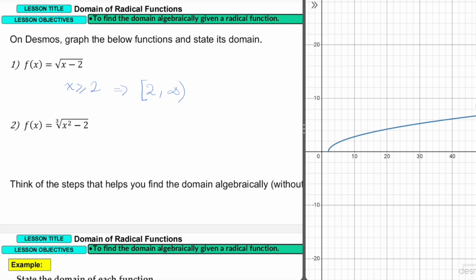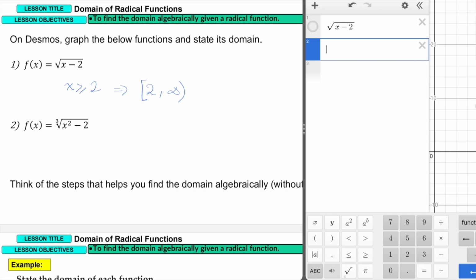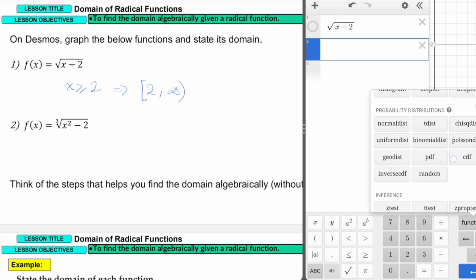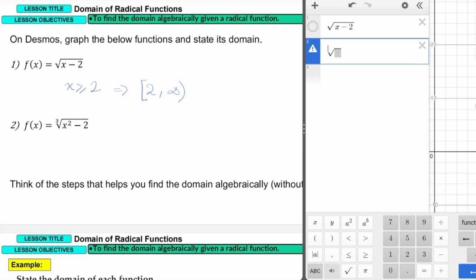If we try the second function, the cube root, I need to find the nth root function. So it is here. I can put here cube root as it is mentioned here, and down it is x to the power of 2 minus 2.